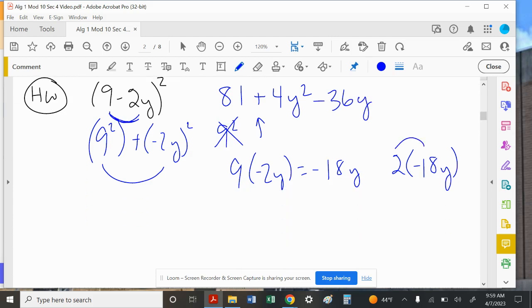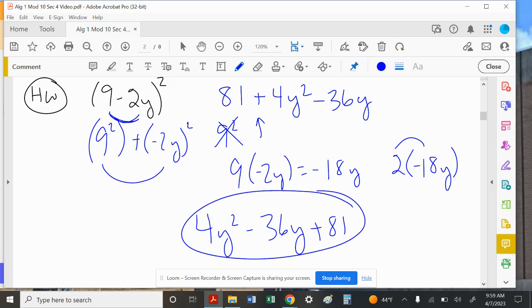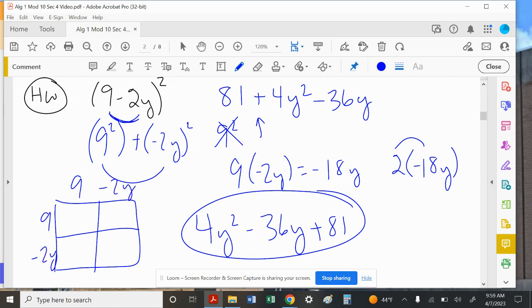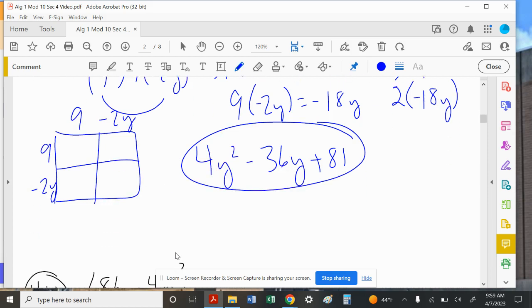Then I have to write it in the right order. So 4y squared minus 36y plus 81 gives me the answer. Now, again, we could have just gone through and done the box method, 9 minus 2y and 9 minus 2y, and figured out the same thing. Okay, so that takes care of that problem.